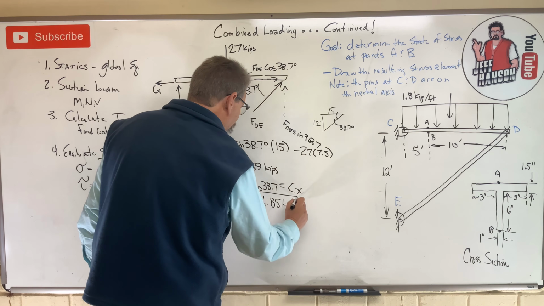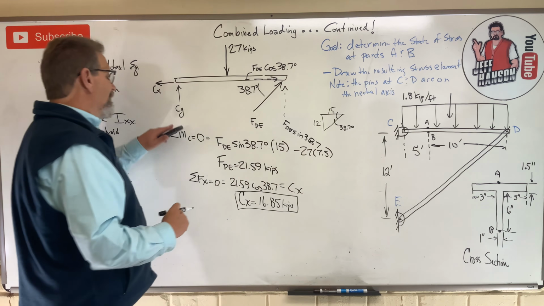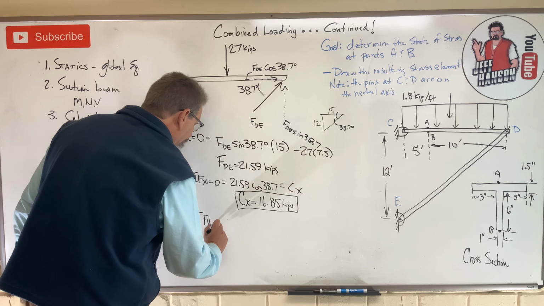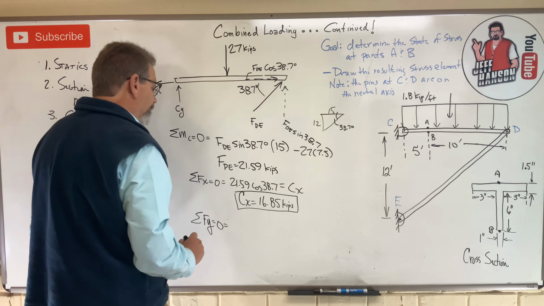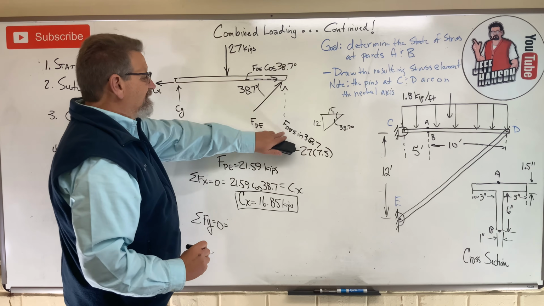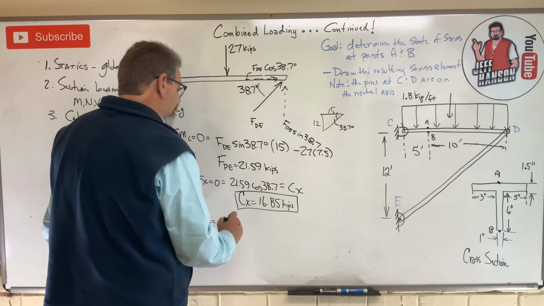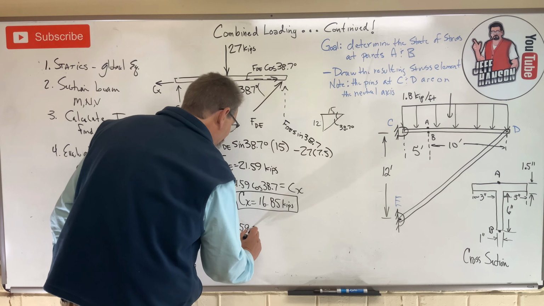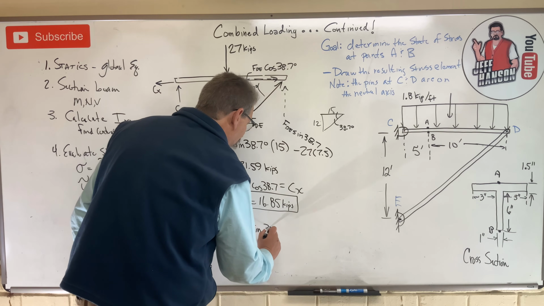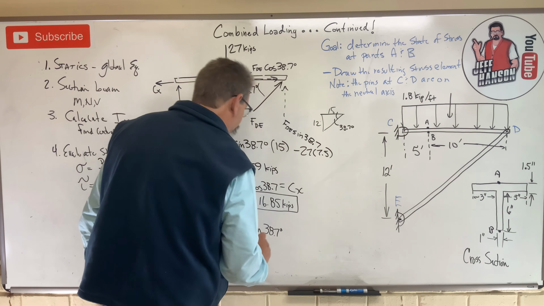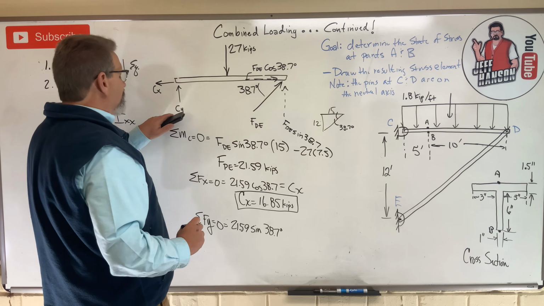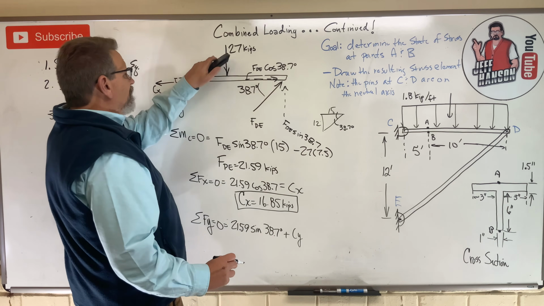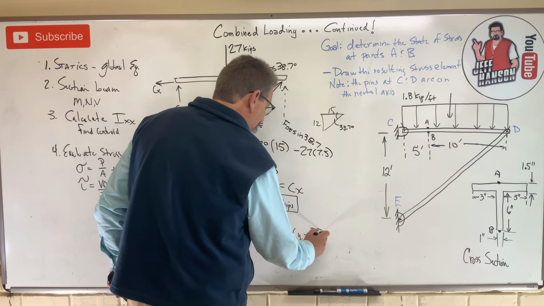Okay, there's that guy. I need him, but I also need CY, don't I? So let's get him. Sum of the forces in the y equals, okay, what do we got in the y? We got this guy going uphill. So that's 21.59 times the sine of 38.7. Okay, I got this guy going uphill plus CY, and who's going downhill? That guy, minus 27.